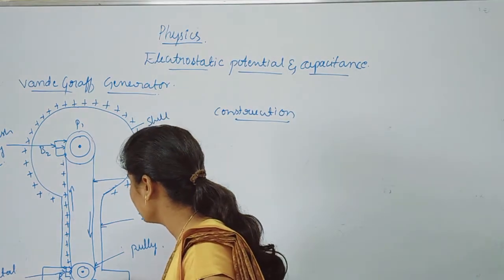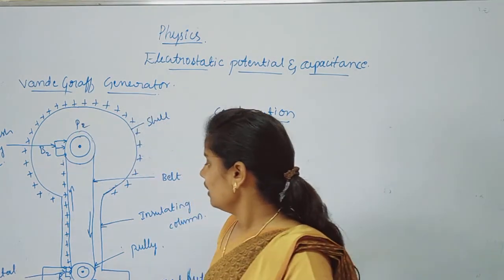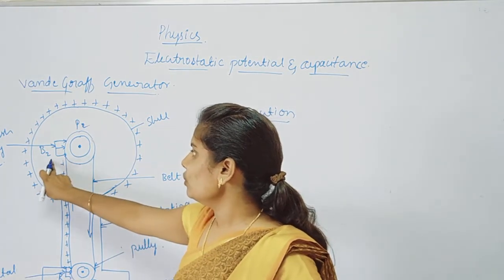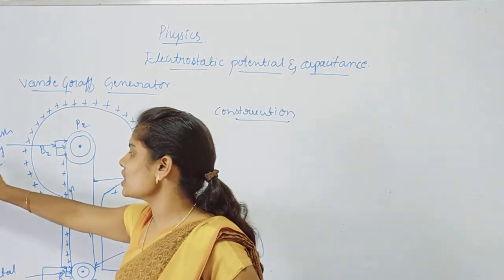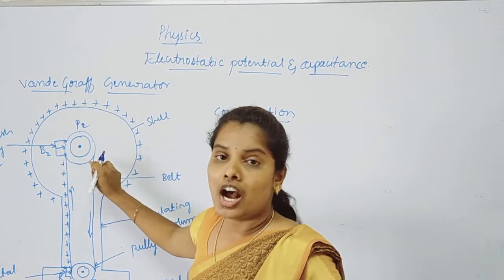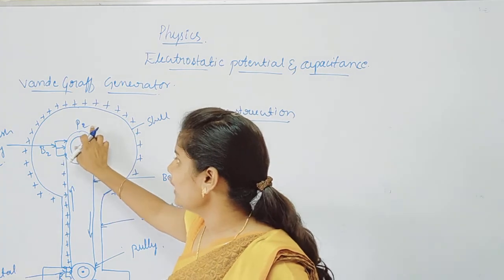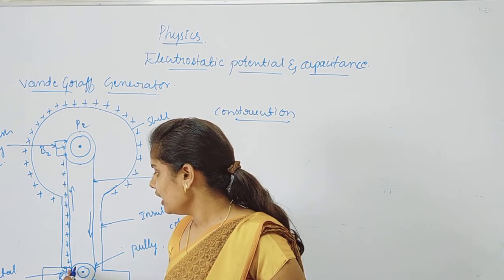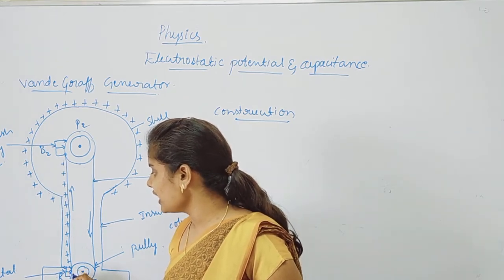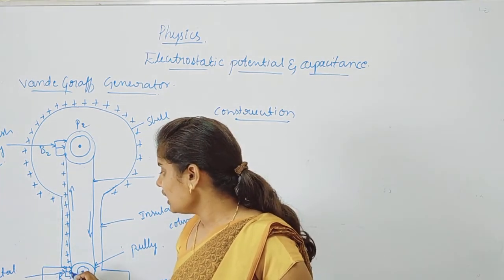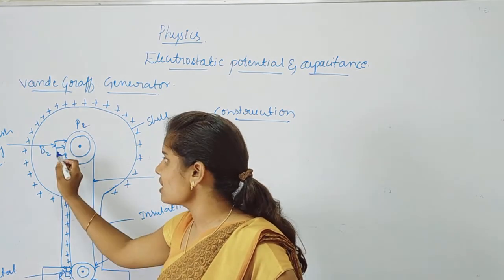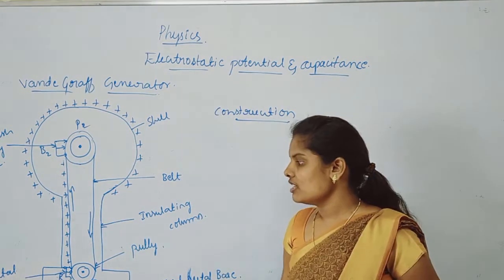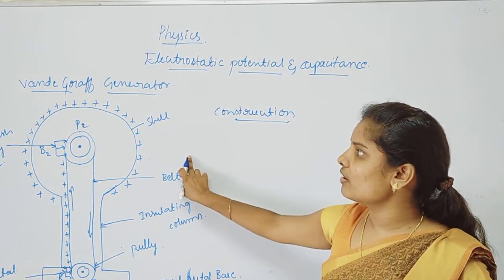B1 is connected to the pulley P1, and B2, the metal brush collecting charge, is connected to the upper pulley P2, and the other side of the brush is connected to the inner side of the shell.